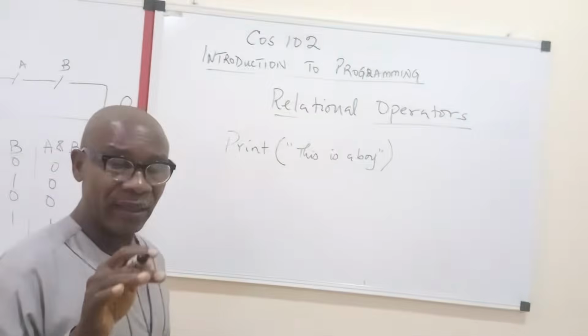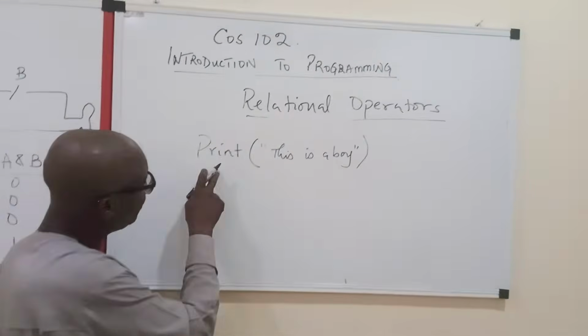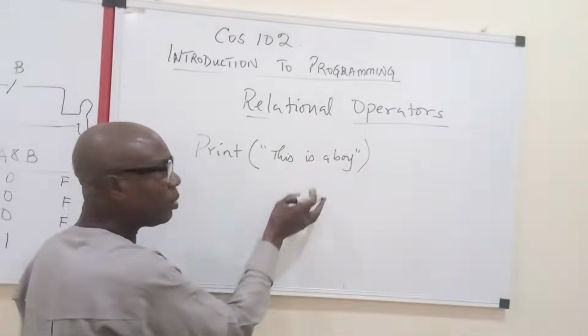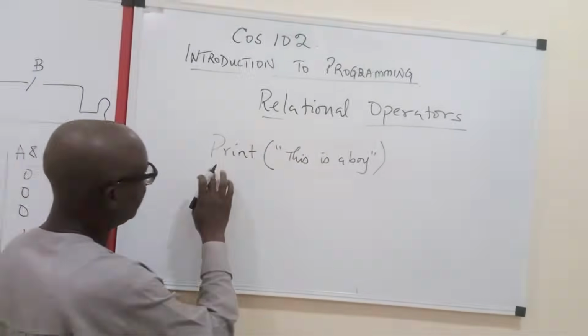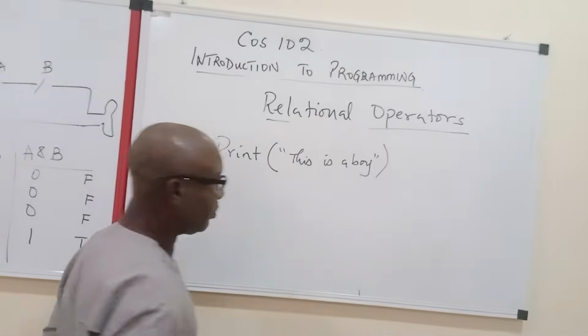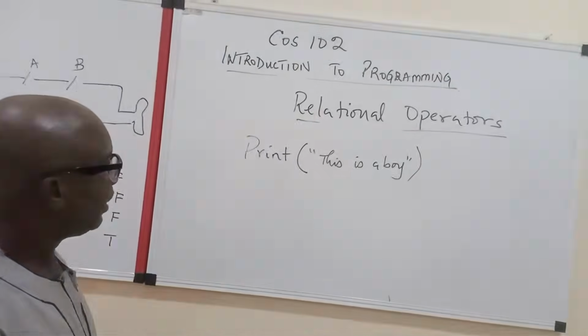But at this point, the important thing we have to know is that when you put the print statement, open and close bracket, whatever you put in quotes will appear on your screen. So when you run this, what will appear on your screen is this is a boy. That's what will appear.